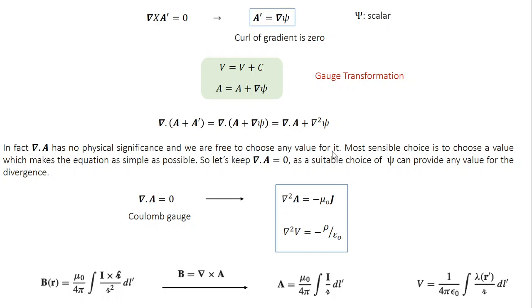When you have a blind choice like this, the most sensible option is to choose a value which makes the equation as simple as possible. So let's keep the value of divergence of A as 0, because you can always find a suitable psi which makes this equation valid. In summary, divergence of A equal to 0 is known as Coulomb gauge.